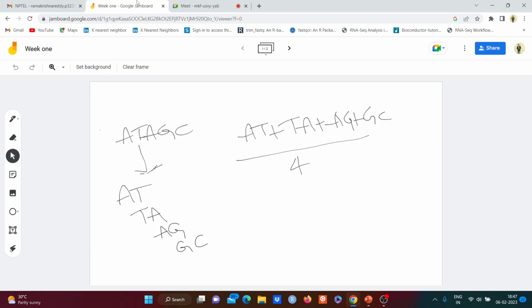Okay, then if we take the values and calculate, we'll get minus 35 divided by 4, which equals minus 8.75.